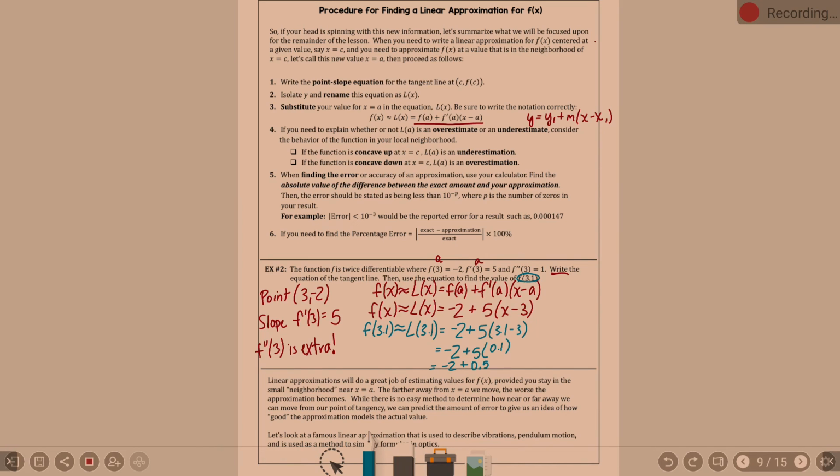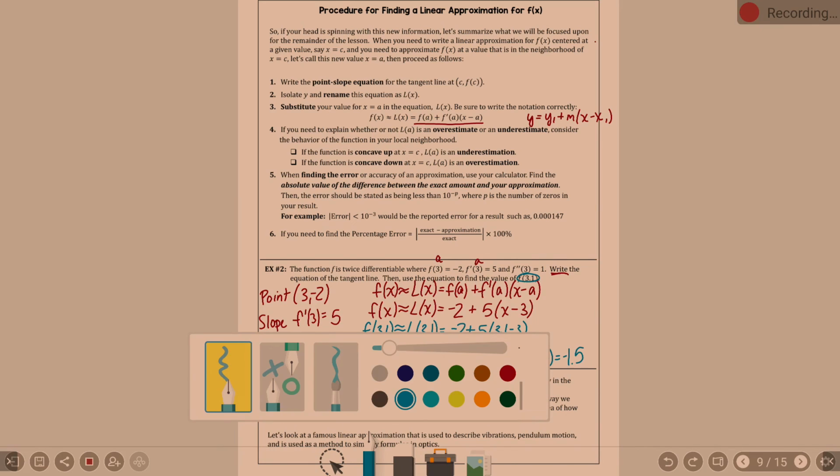Negative 1.5. Okay, and I said L, we could have also said f there. I guess in my notes I have f. I don't know that it really matters that much. We go back and forth a lot in this lesson.